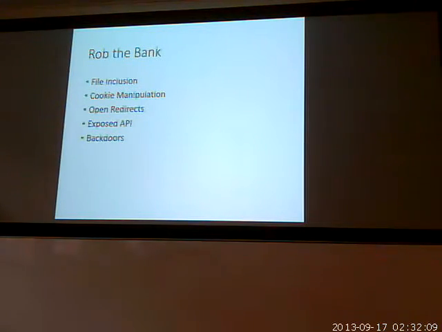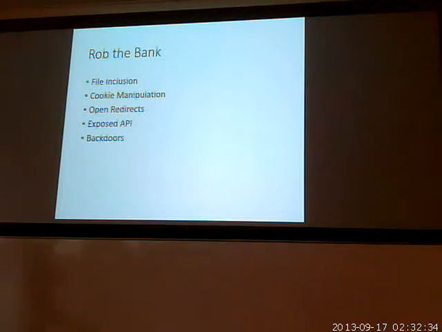File inclusion, where static files are being loaded directly from the disk based on a URL parameter or some kind of parameter that the user can interfere with. Cookie manipulation, where you're storing data that can actually be manipulated and changed in the cookie. The cookie should ideally either be non-essential data, like specifying what theme you're using or how you want to sort something, or give you a token for stuff like authentication.